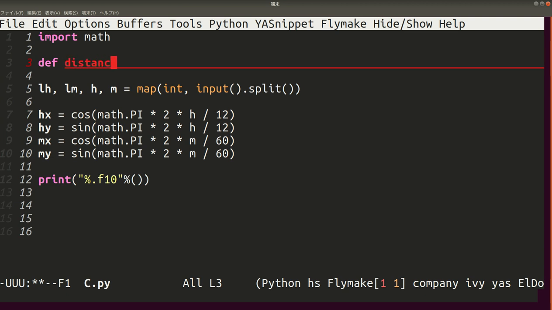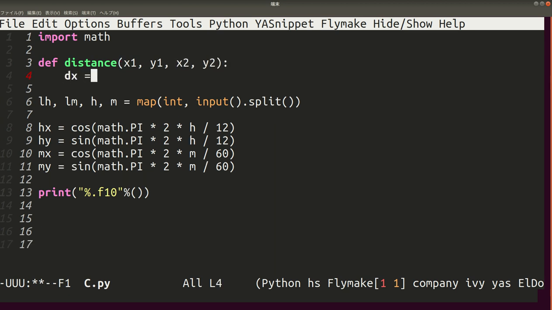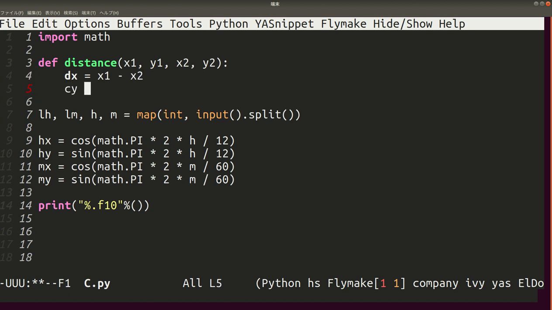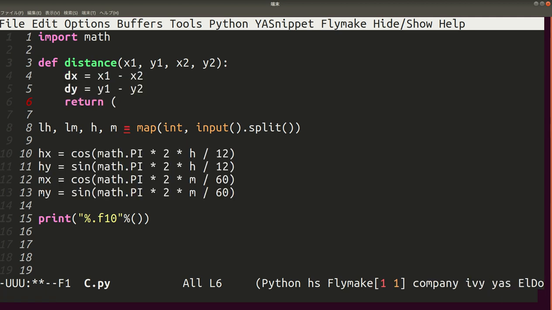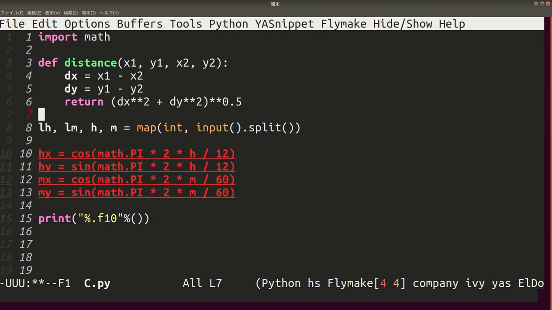Distance of A and B, x1, y1, x2, y2. dx is x1 minus x2 and dy is y1 minus y2, and return the square root of the sum of dx square plus dy square to the 0.5. And just the distance of hx, hy, mx, and my.